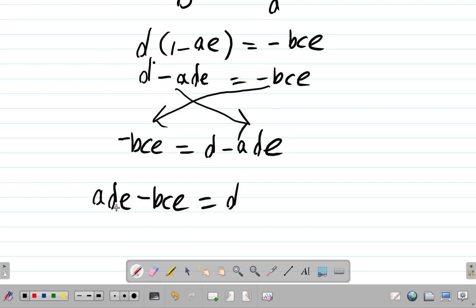Now look at this. Suppose we factorize to make E come outside the bracket. We would have E in front, and AD minus BC in the bracket, equals D. Oh, look at this. AD minus BC. Where did we see that before?